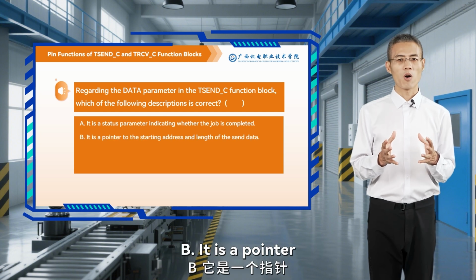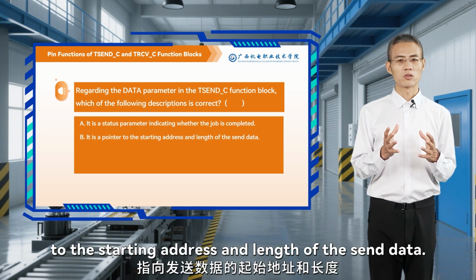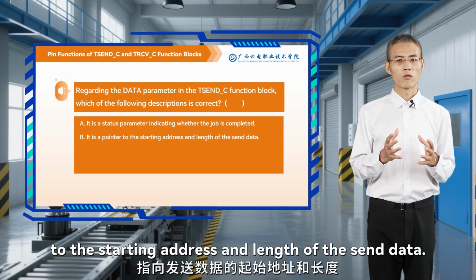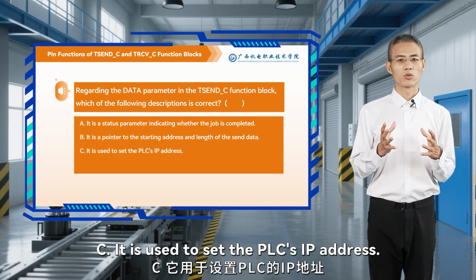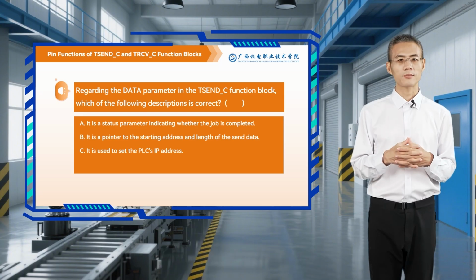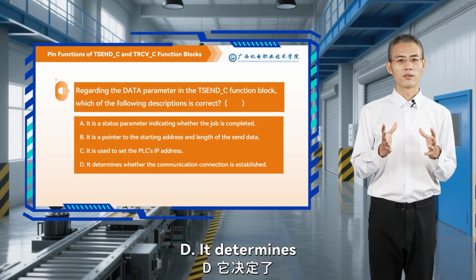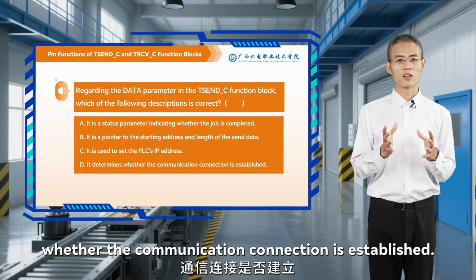B is a pointer to the starting address and the length of the send data. C is used to send the PLC's IP address. D, it determines whether the communication connection is established.